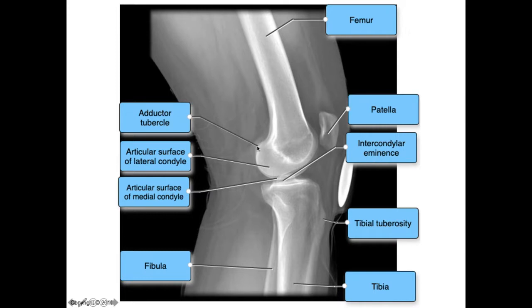It's for the adductor magnus muscle to attach to. And here's your kneecap called the patella. Remember, this is your thigh from the lateral view. We're looking at it sideways, not front, because here's the kneecap. This is anterior. This is posterior. That's the bend or the crease in the back of the knee. So your meniscus would be somewhere in here, and so would your cruciate ligaments.